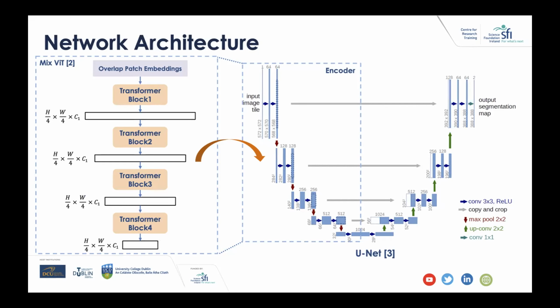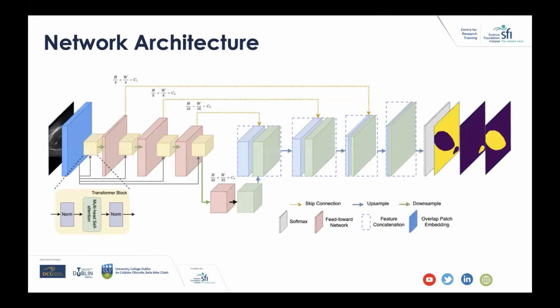The original UNet has about 5 million parameters, and with the new encoder, which is a vision transformer, the total is 5.2 million parameters.